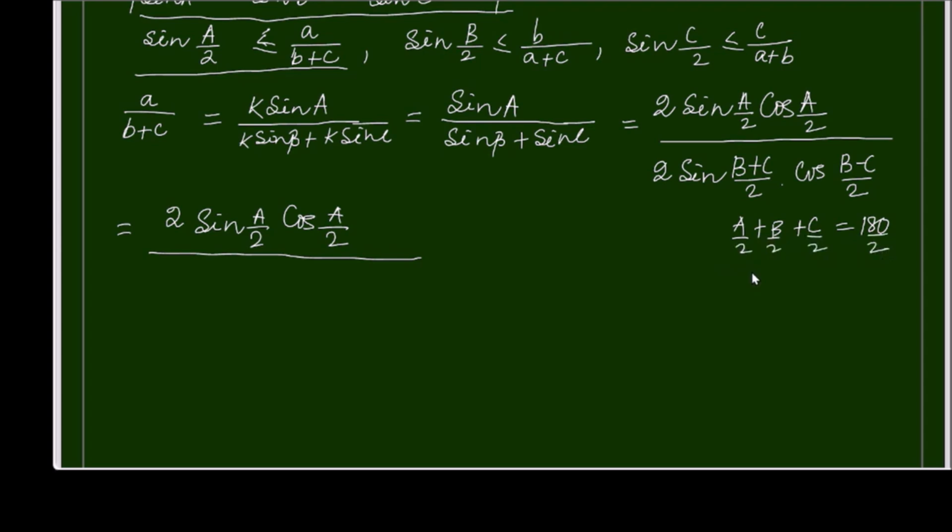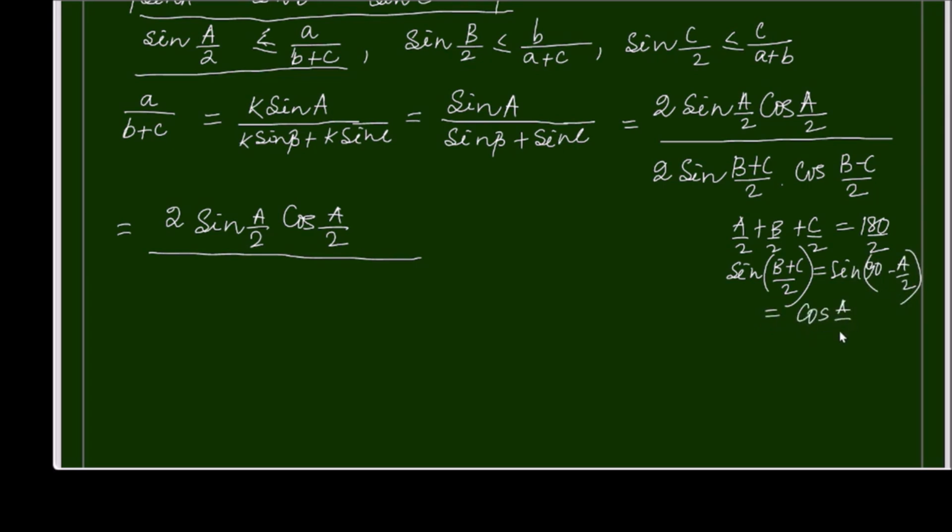So sine of (B plus C) by 2 equals sine of (90 minus A by 2), which will be cos A by 2.